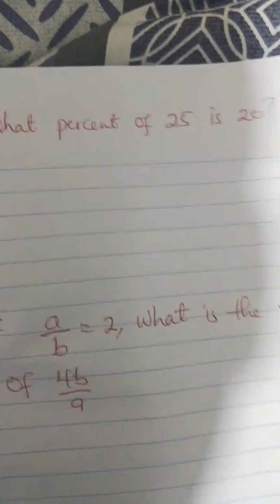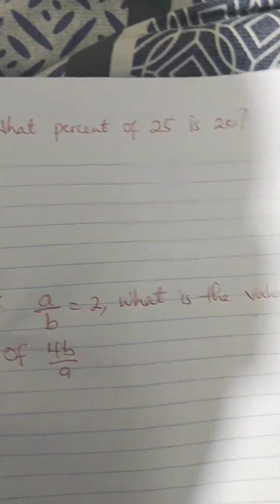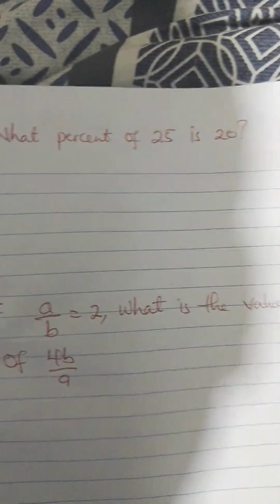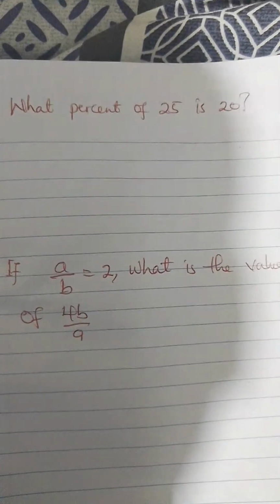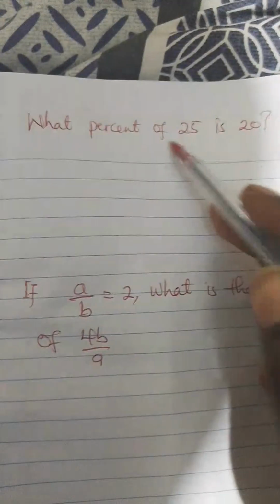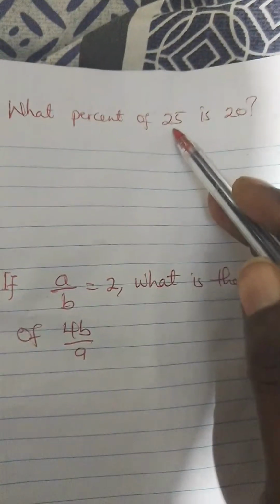Now we want to look at what we have here also. What percent of 25 is 20? This is very simple. The number which comes after the "of" becomes the denominator.